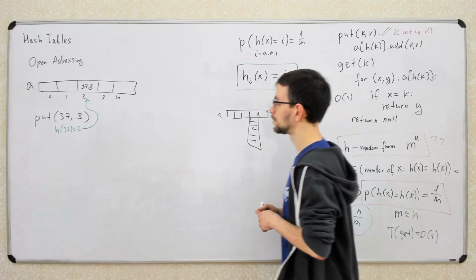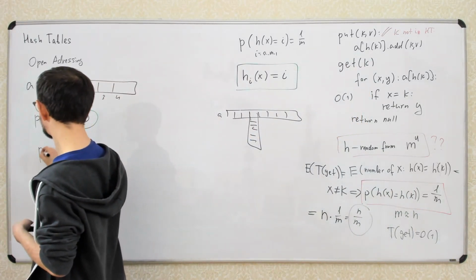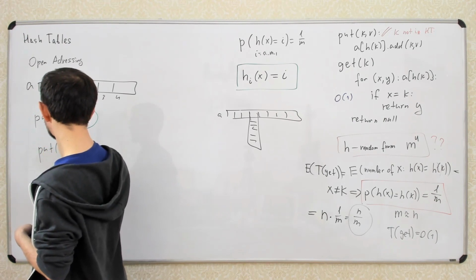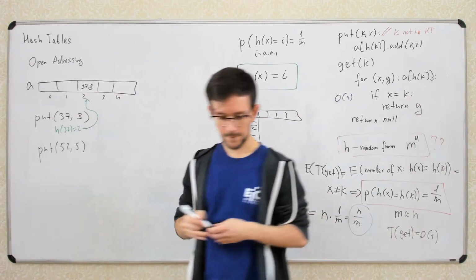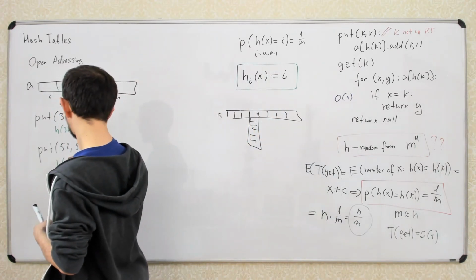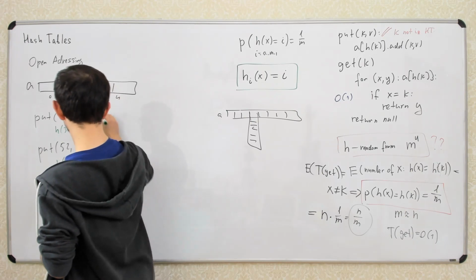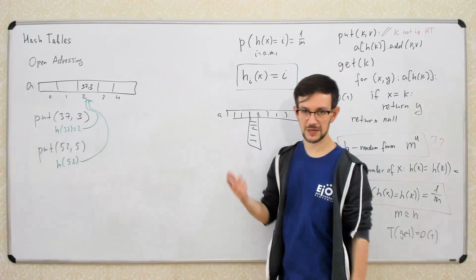Now you try to put some value in this cell again, 52 and 5. So again, you calculate the hash from this 52, go to the same cell and try to put this pair in the same cell.